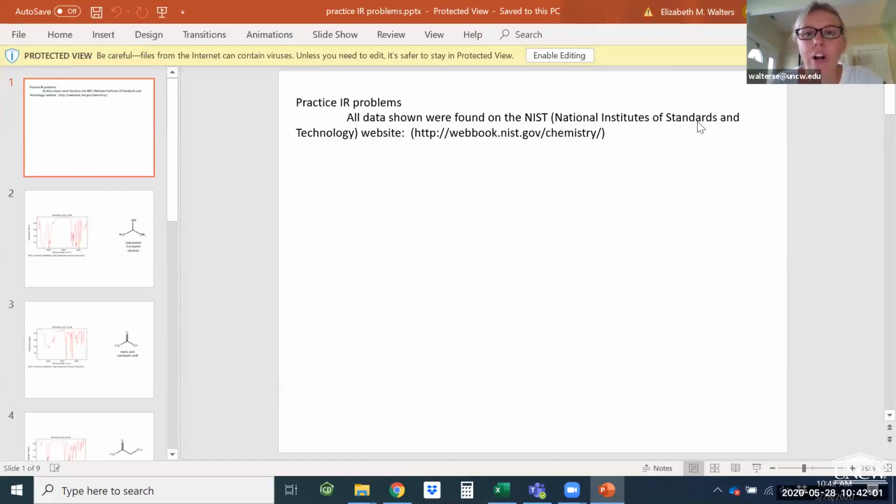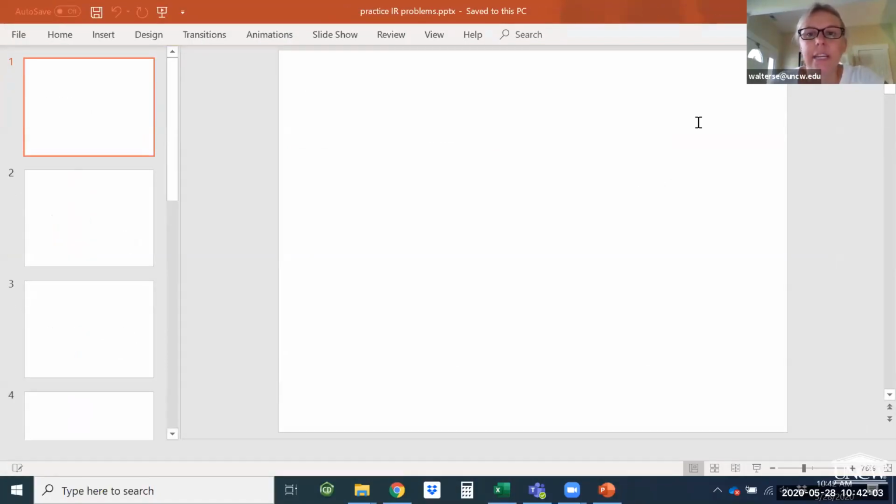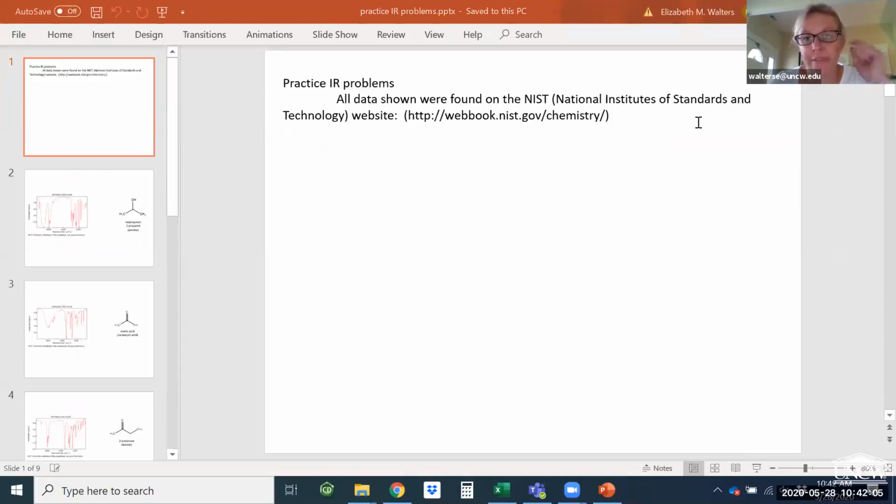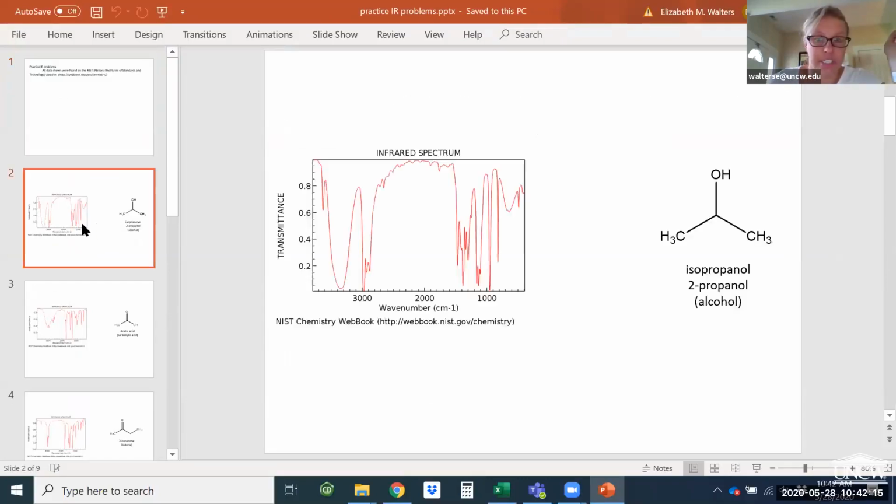All of these spectra came from the NIST webbook. So you could go to the NIST webbook if you wanted to and look up a bunch more. And then you have 2 pictures. I would cut this out and write alcohol on one side and put this IR spectrum on the other.